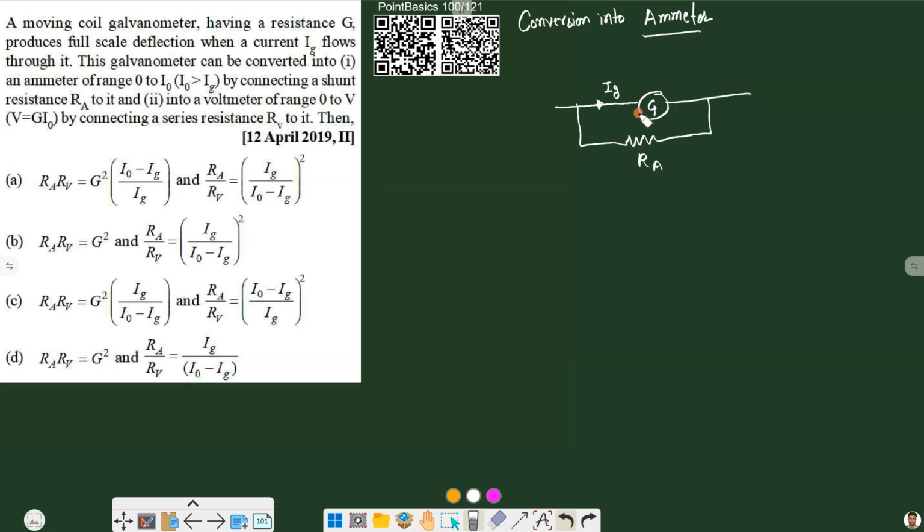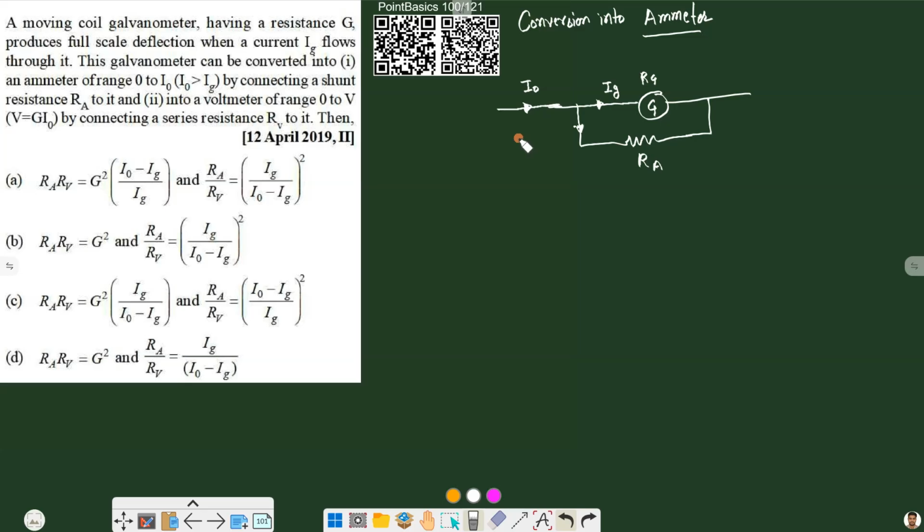Now we know this galvanometer has some resistance of its own that is known as Rg, and if I node current is flowing through the circuit, that original current is I node because we have to measure 0 to I node. So suppose maximum current I node is flowing in the circuit, then only Ig can go through the galvanometer. So the remaining should go through this resistance Ra.